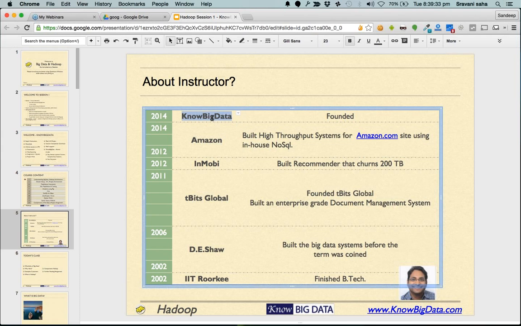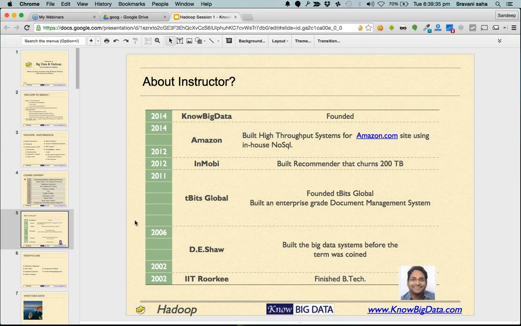And last year we started No Big Data, with a clear vision to fill the gap in the learning industry and to do innovation in the learning industry. We are very happy to tell you that we have been able to do a considerable amount of innovation in the big data learning industry. As of today, we have built something called Cloud Labs, which helps our students learn in real life, on a real running Hadoop cluster.